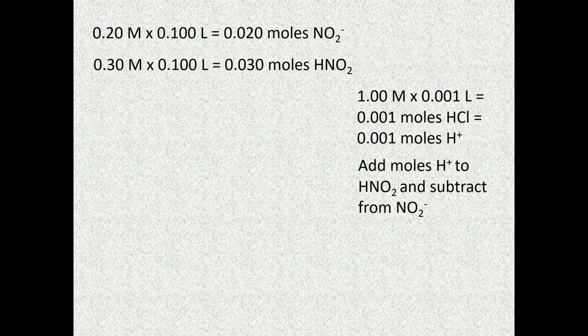Now, I'm going to add that number of moles of H plus to the HNO2 and subtract it from the NO2 minus. So 0.001 moles of H plus react with 0.020 moles of NO2 minus to reduce the NO2 minus by that much and increase the HNO2 by that much.